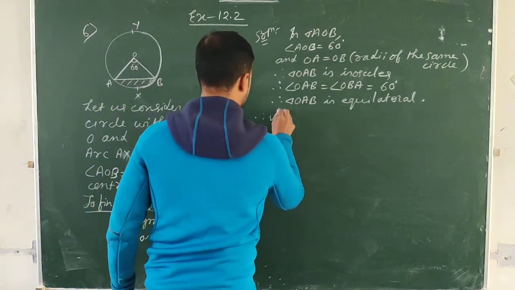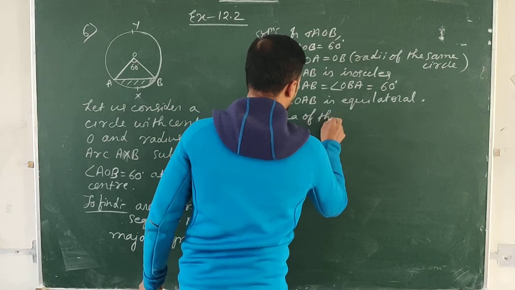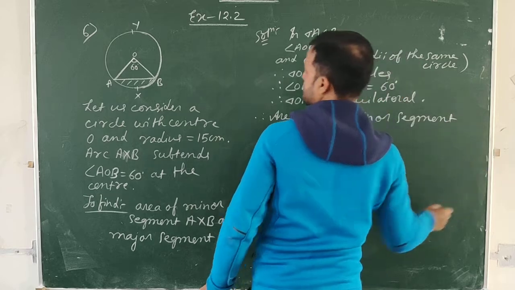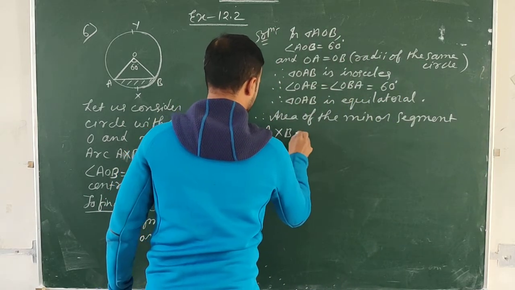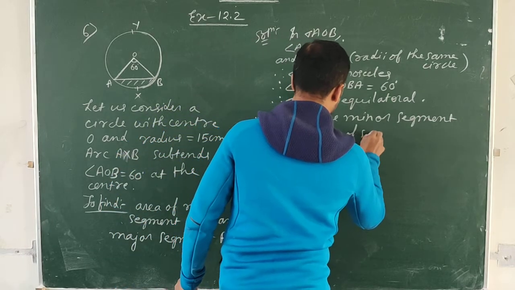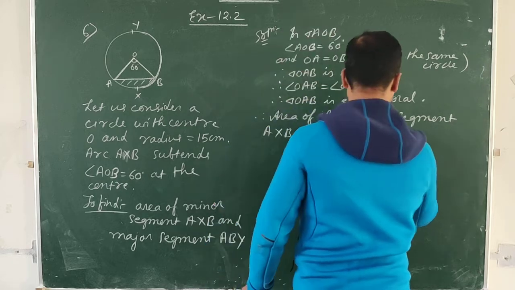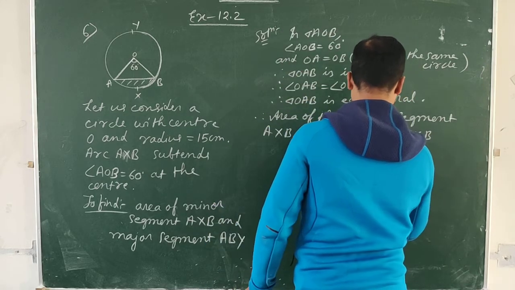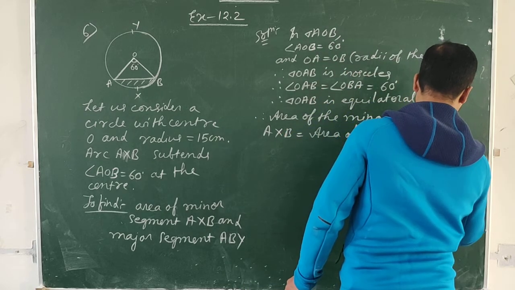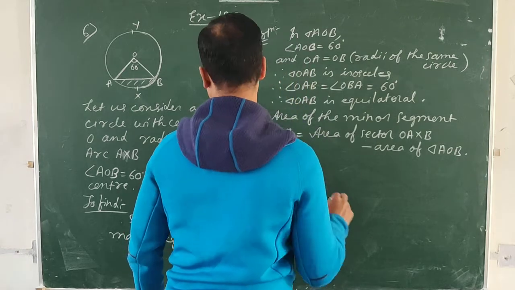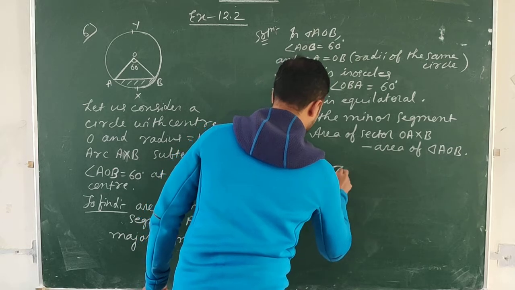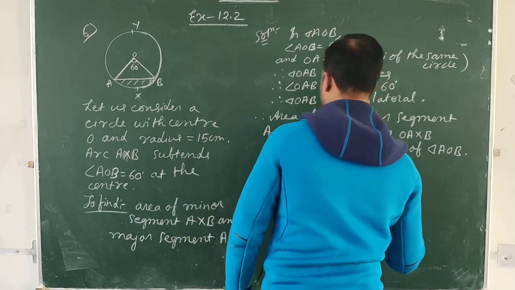Therefore, area of the minor segment is the area of the sector minus the area of triangle AOB.